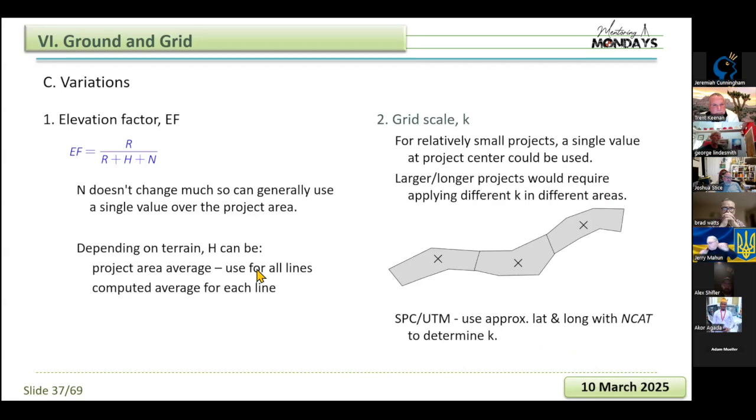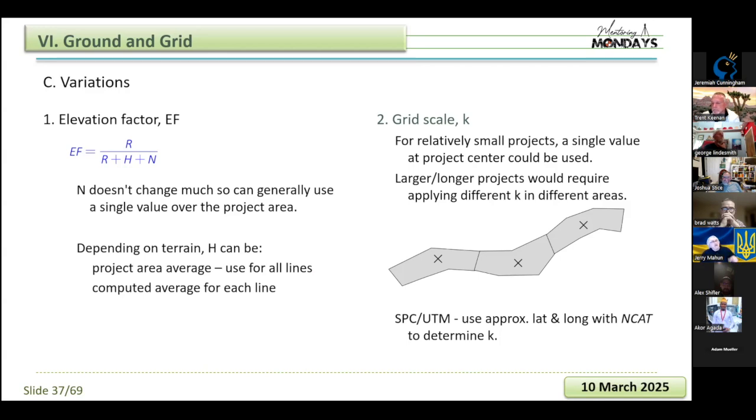Now, this kind of ties back to the previous question, as well as what I was just talking about, the elevation factor. If we're working with a small area, and generally over most areas, N doesn't change very much. It may change by a hundredth of a meter or maybe even a tenth of a meter, but generally it doesn't change very much. So you can generally use one N for the entire project area.